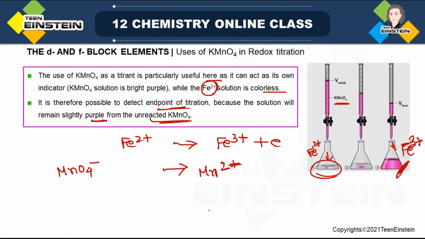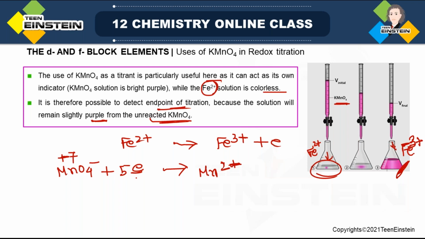So this is the half reaction, but we can balance this equation by adding some water molecules, H+, or electrons. And here the oxidation state of Mn is +7, which means it will accept 5 electrons.